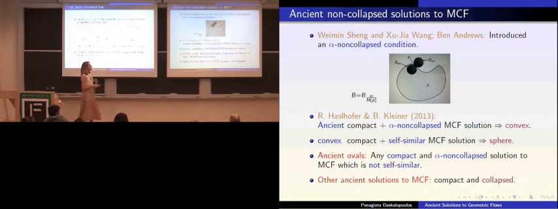Now, Robert Haslhofer and Bruce Kleiner showed that if you have an ancient compact and alpha non-collapsed solution to the mean curvature flow, it's convex. So it's quite strong to have alpha non-collapse, it imposes convexity, and it's easy to show that convex, compact, and self-similar solutions to the mean curvature flow are the spheres.